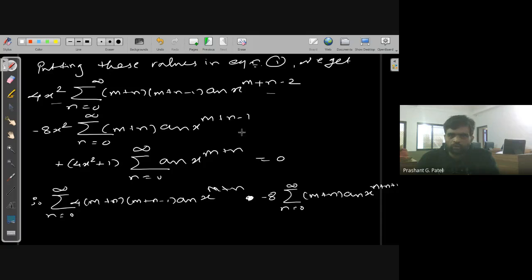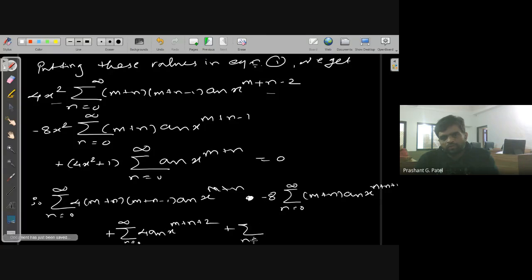This x square is also multiplied inside. Plus summation n running from 0 to infinity, this 4x square is multiplied to this series and 1 is also multiplied, so there are two separate terms: 4 a n x raised to m plus n plus 2 plus summation n running from 0 to infinity a n x raised to m plus n equal to 0.